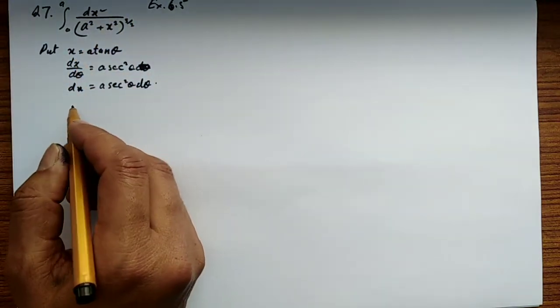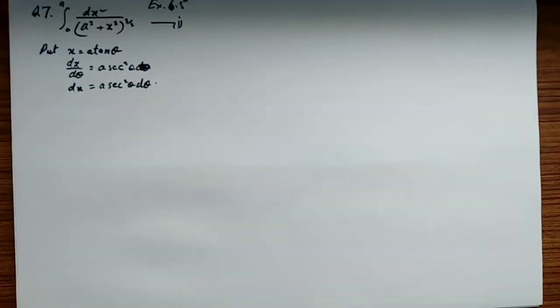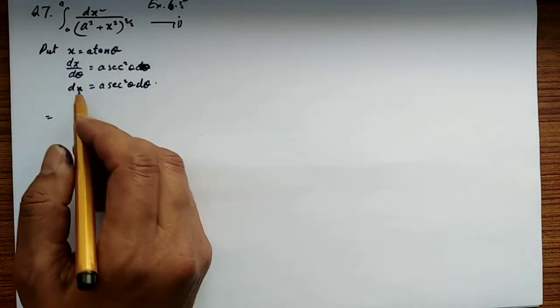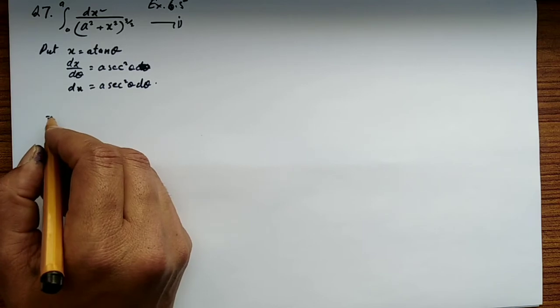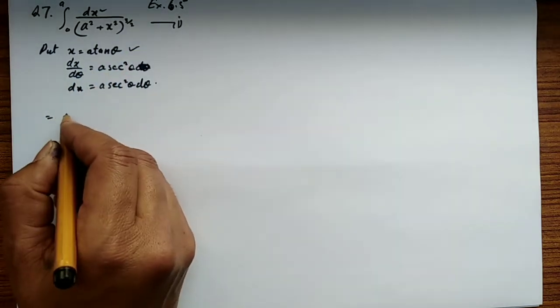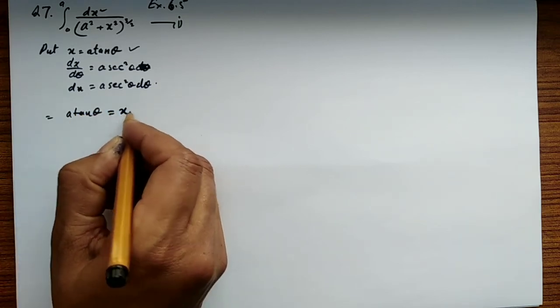Now by putting the values in the given original function, which is the original question, before putting these values we have to change the limits, upper and lower limits, using this function. So let's suppose a tan theta equals x.